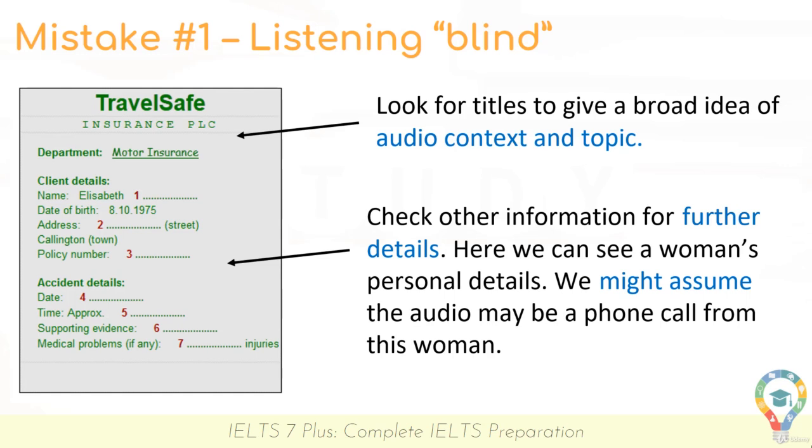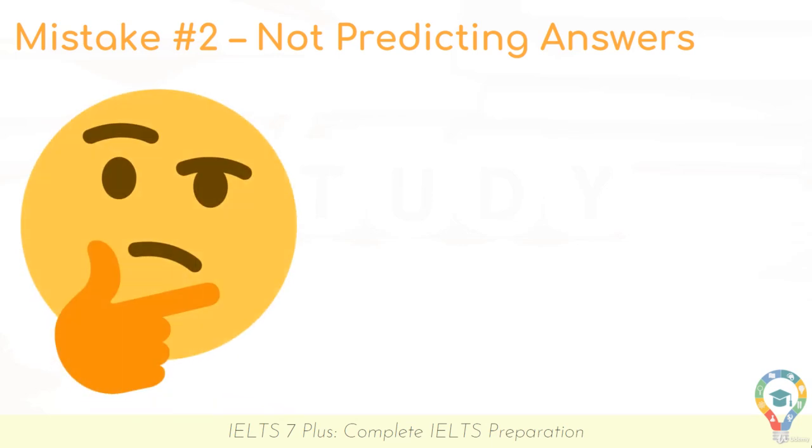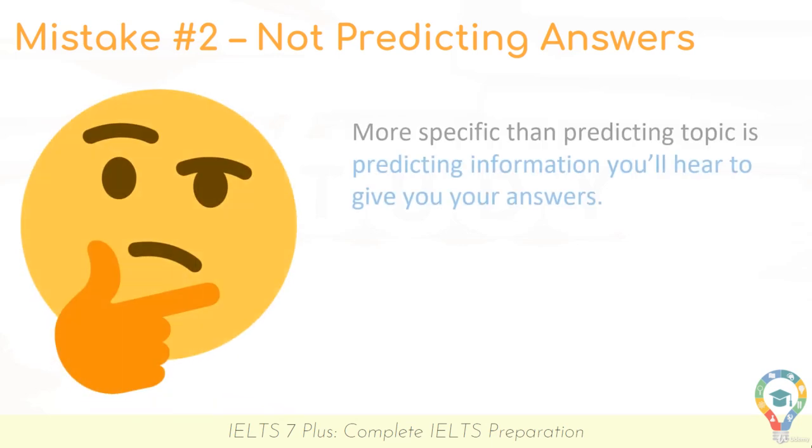You should definitely make sure that you look carefully at all the information given to you before listening to the audio. So let's go to mistake number 2, which is not predicting answers. More specific than trying to predict and think about the main topic is predicting answers.